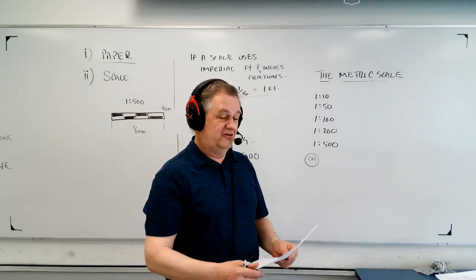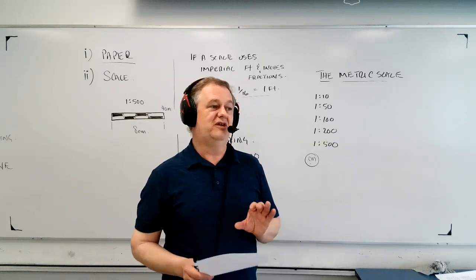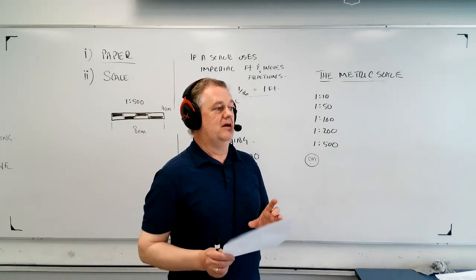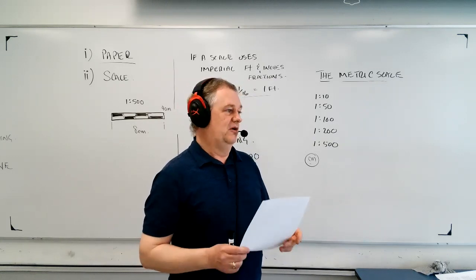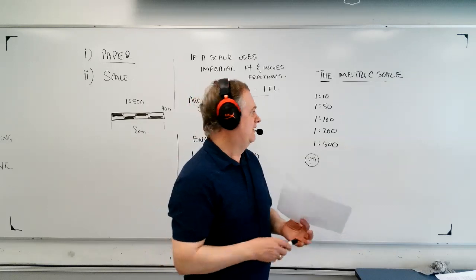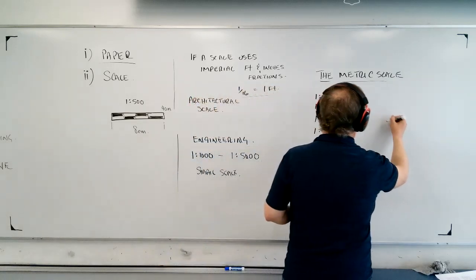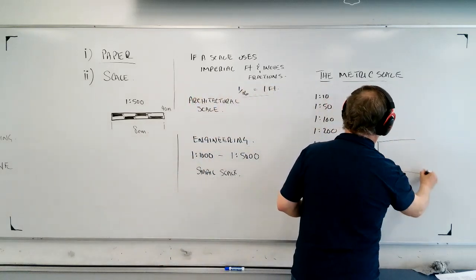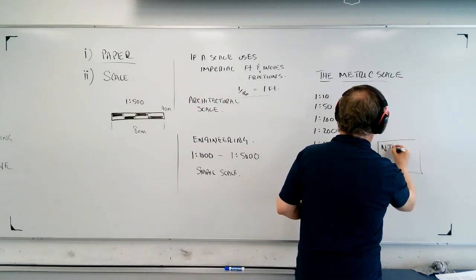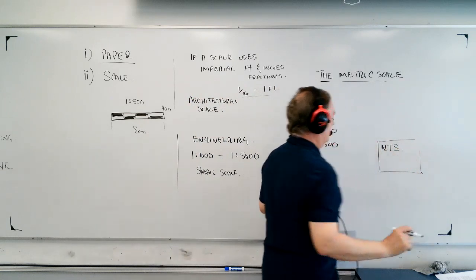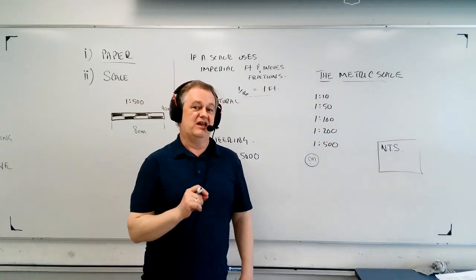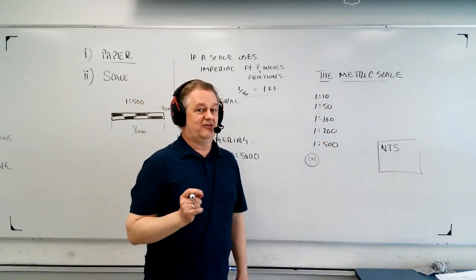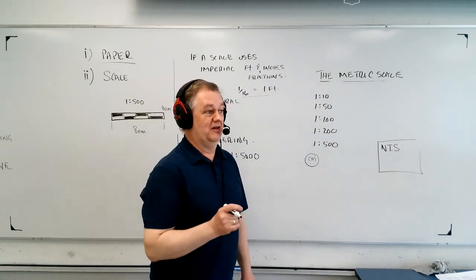So on some sets of prints, they show things because they want to give you the idea, but in some corner, sometimes you'll see a box and it'll say NTS. And what that means is not to scale. So in other words, don't try and figure out anything that you're going to be on the hook for.